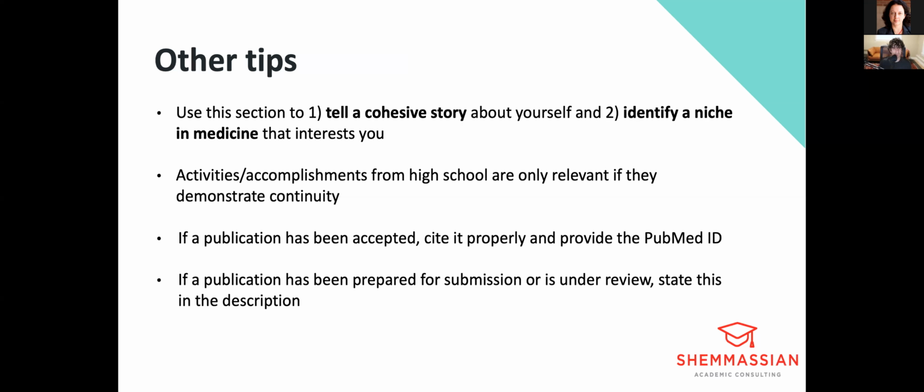All right. So another piece of advice I'd like to give: use the work and activity section to tell a cohesive story about yourself and identify a niche in medicine that interests you. It's really nice when multiple experiences fit together.